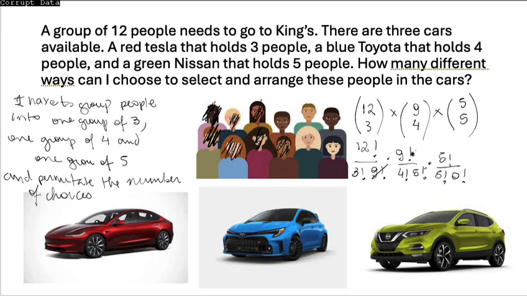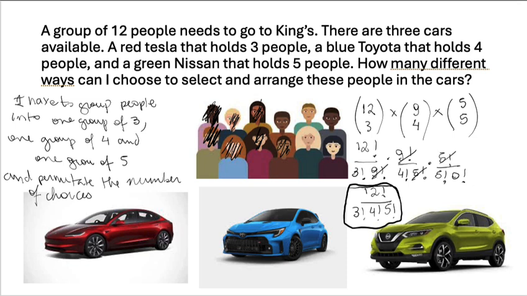So this guy goes away, this guy goes away with this one, and we're left with 12 factorial over 3 factorial, 4 factorial, 5 factorial, okay? So this is the number of ways I can select 12 people into groups of 3, groups of 4, and then groups of 5. Okay? So this is the first part of the problem.